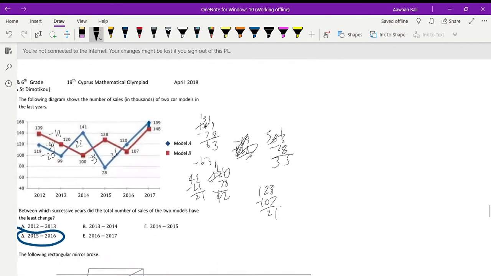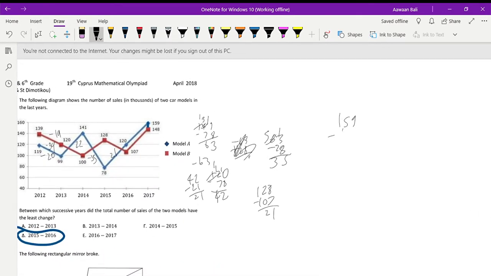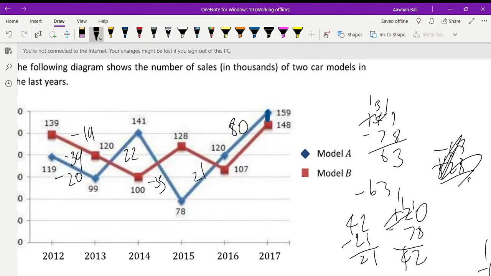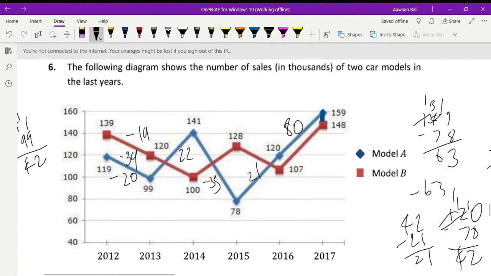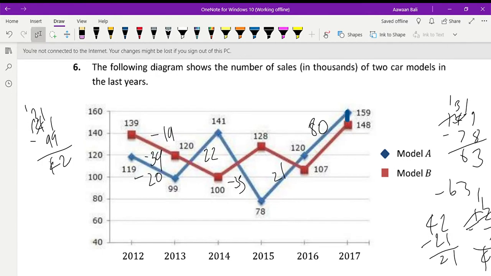And now 159 minus 120 is 39. 148 minus 107 is 41. 41 plus 39 is 80. Now basically, we're not looking at what is the biggest or the smallest, but the least change, which means it's not that big of a negative, and it's not that big of a positive, but it's just in between.